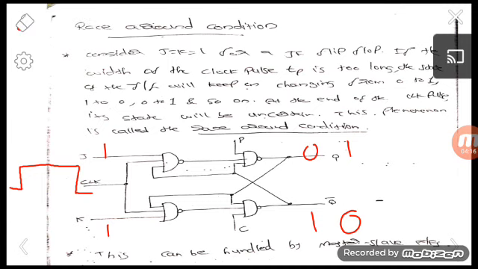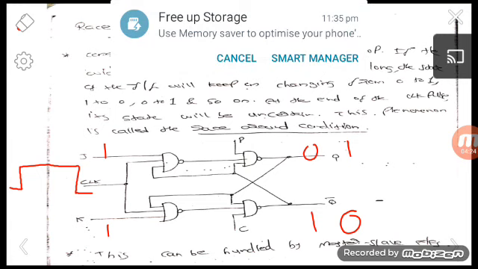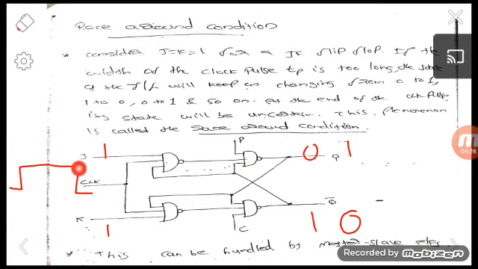And we know that the width of the clock pulse is too long, so the clock pulse is still 1, and the output of the flip flop again changes from 1 to 0 and 0 to 1, like that. So we can't predict the actual output of that flip flop.